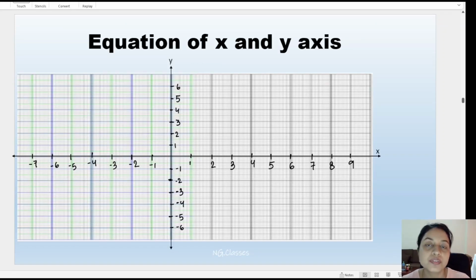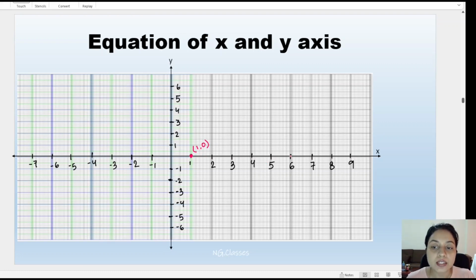Now let's see how we will get the equation of x-axis and y-axis. So if we take any point on x-axis, let's say we are taking a point at 1. So this point's coordinate will be 1, 0. Here x value is 1 and y value is 0, right?